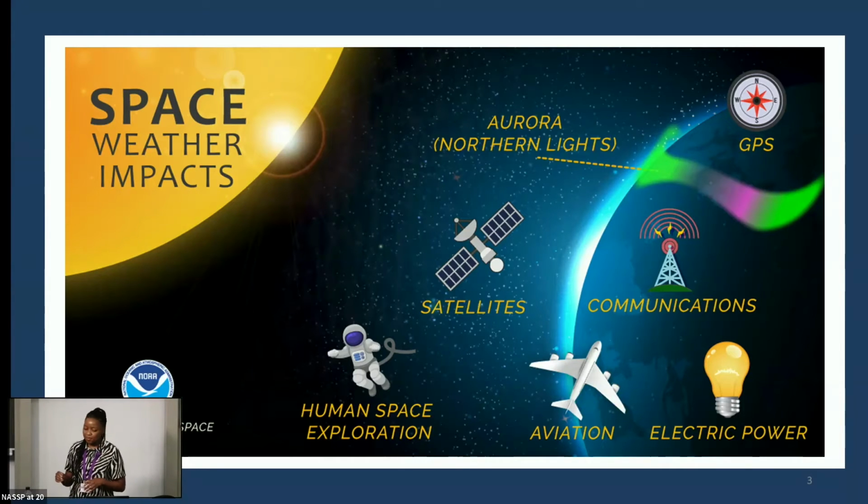When these streams of particles enter through the poles, following the magnetic field, they interact with the upper atmosphere and with the ions there. Then you get photons being emitted, giving rise to these beautiful, colorful lights in the sky, right? So that is the upside of space weather.